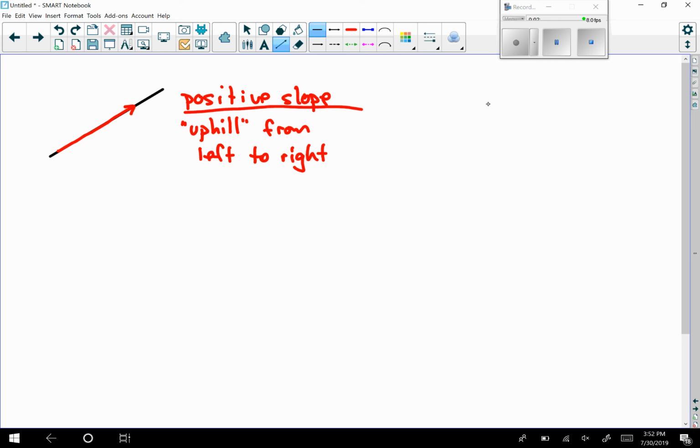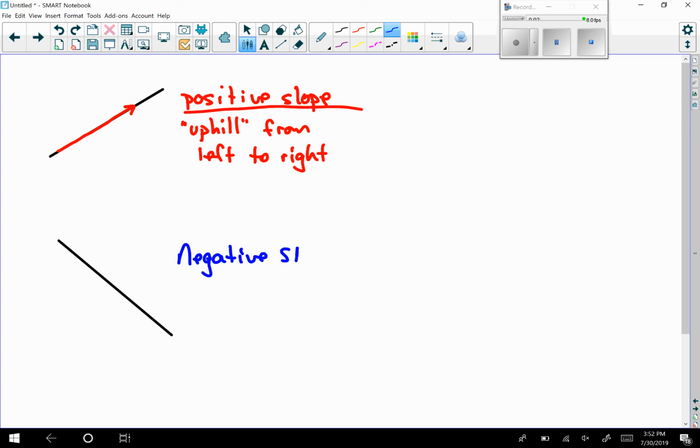Any line that is going downhill, left to right, is going to have a negative slope. So we say this line is going downhill or decreasing from left to right.